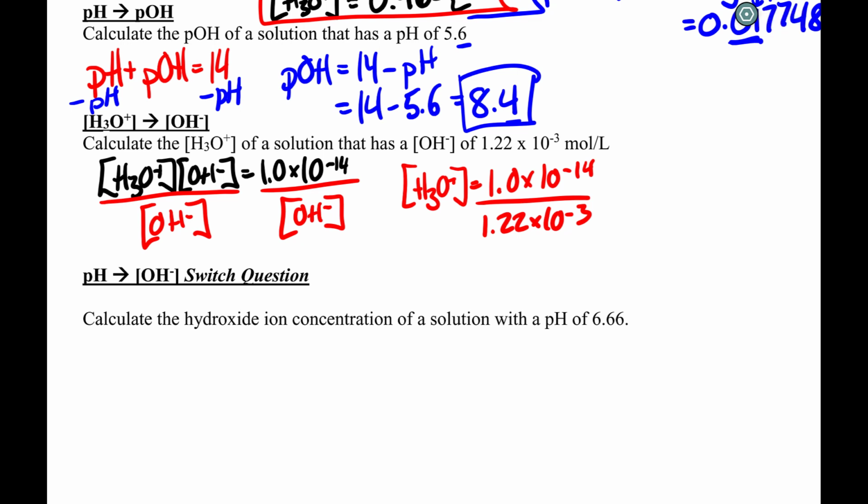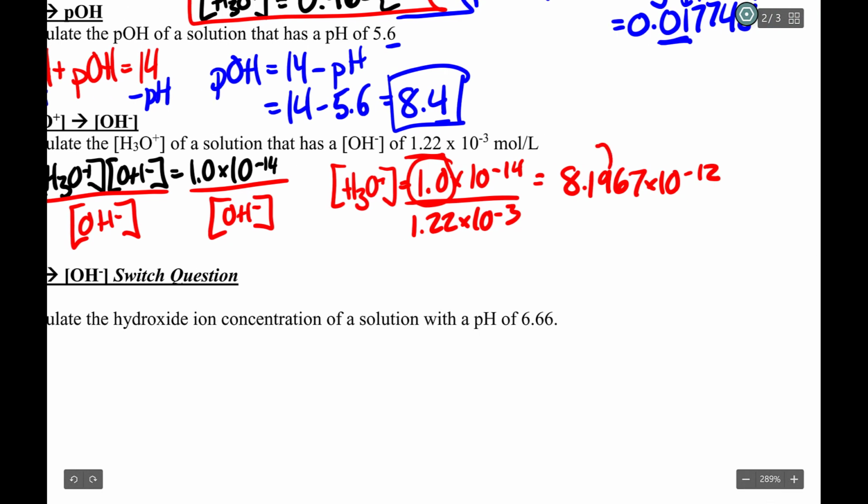Now, if you plug that in your calculator, you're going to end up getting a value of 8.1967 times 10 to the negative 12. Now this digit has 3 significant digits, and this one has 2, so it's going to be 2. This is going to round up, and the concentration of hydronium is equal to 8.2 times 10 to the negative 12 moles per liter.